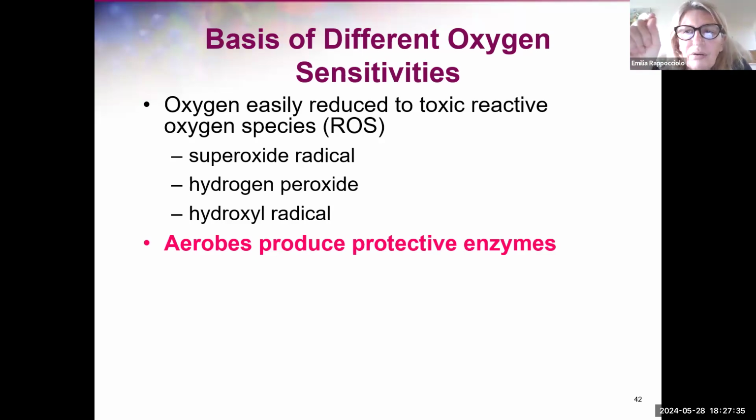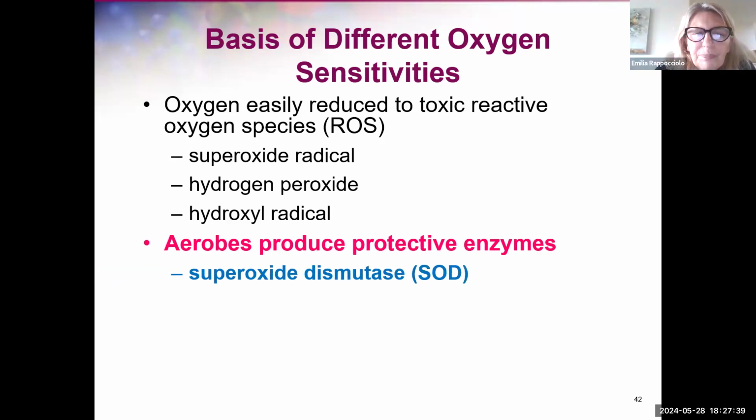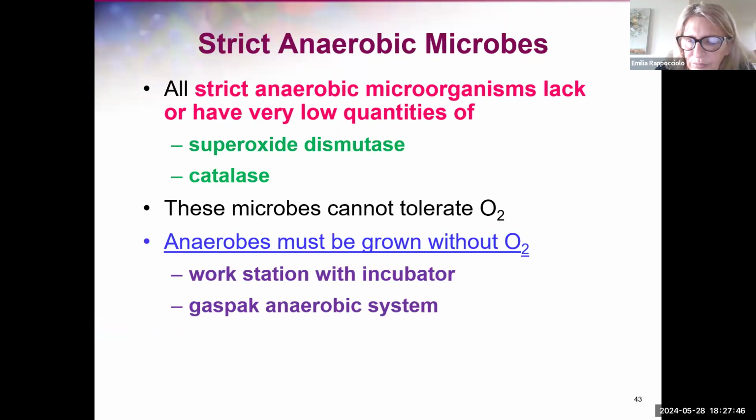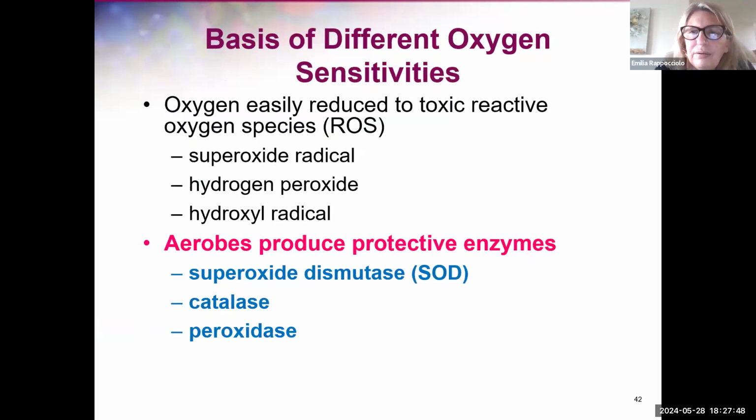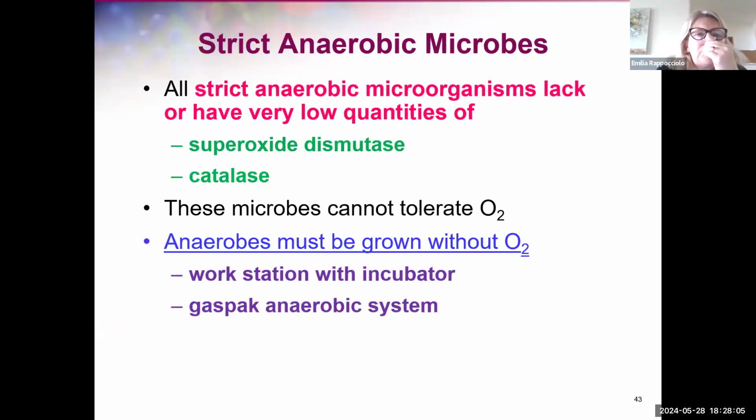Cells that are aerobic produce the protective enzymes that we mentioned before, like superoxide dismutase, catalase, and peroxidase. These are the enzymes that, as soon as the cell makes these dangerous oxygen species, remove them, take them off.